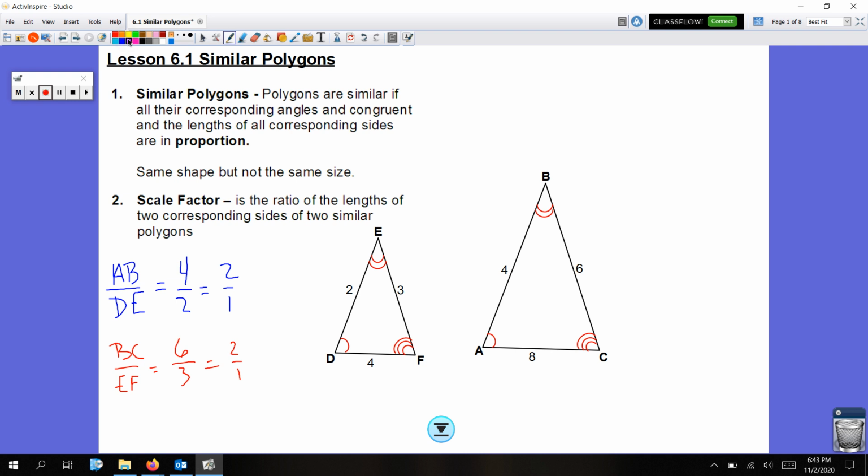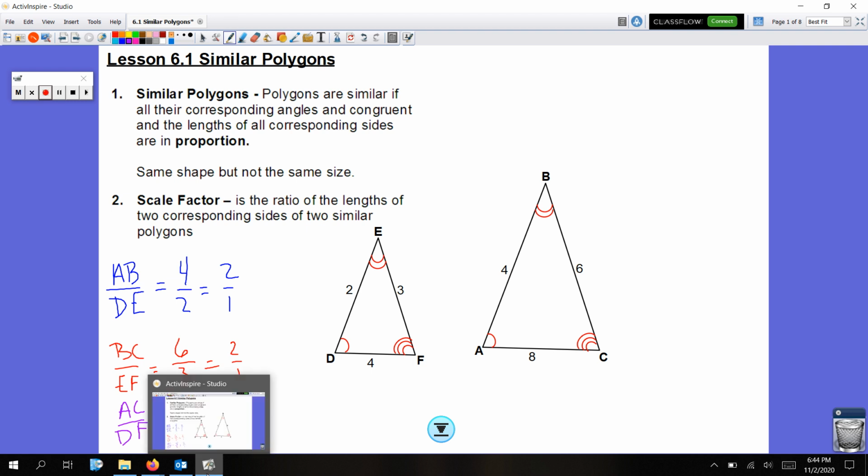Last one. So the last side is AC over DF. AC is 8. DF is 4. 8 over 4 is 2. So the scale factor on all three sides is 2 over 1, 2 to 1.